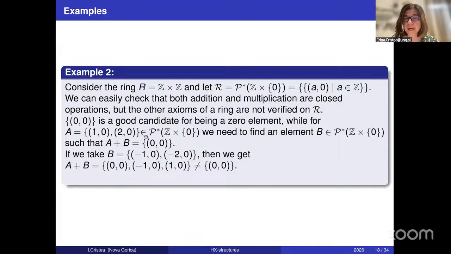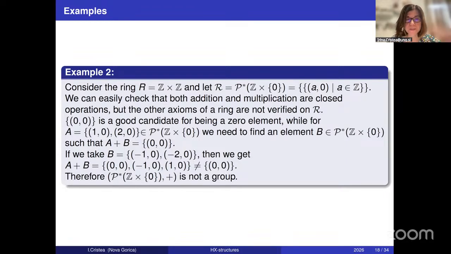But then when I do the sum, (1, 0) plus (-1, 0) is (0, 0), but then I also have to make the sum between (1, 0) and (-2, 0), and I will get (-1, 0). And (2, 0) with (-1, 0), I will get (1, 0). So we can see immediately that this is different from the set containing just the neutral element (0, 0). So B cannot be the opposite of A, and this was not a good example of an HX ring.